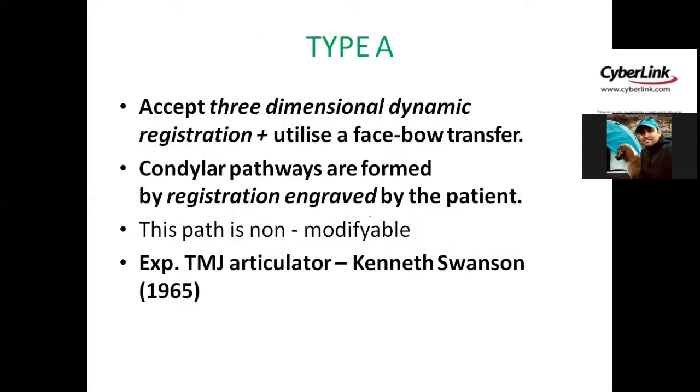Then come to your class 4 type A. It accepts three-dimensional dynamic registration, uses Facebow transfer. Condylar pathways are formed by registration engraved by the patient, and the path is non-modifiable in type A, right?